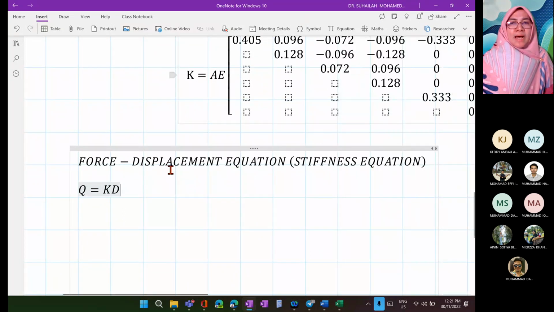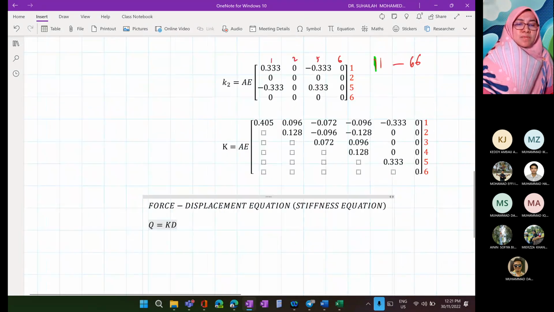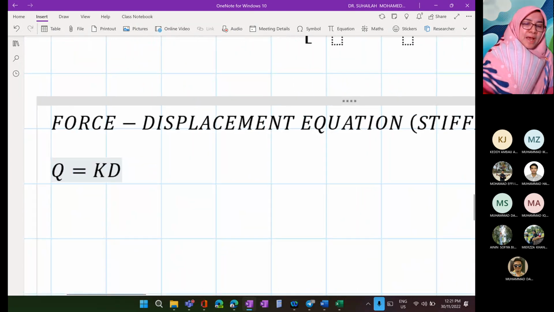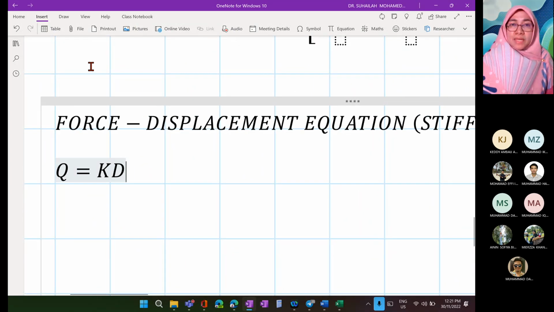Besides calculating the stiffness matrix, we have here Q and D. Q is force, we call it nodal forces. D is displacement, we call it nodal displacement.